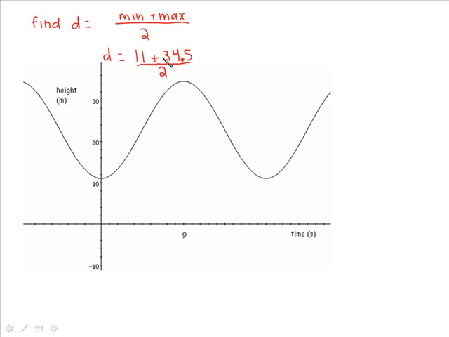And frequently, you can just work that out by inspection, but this is a little tougher with those numbers. So 11 plus 34.5, enter, divided by 2, will give you 22.75. So that means somewhere around there is the midpoint of our curve.